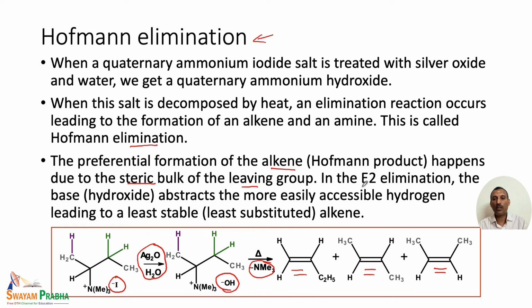In this E2 elimination, the base, the hydroxide, abstracts a more easily accessible hydrogen atom, leading to the least substituted alkene. This is opposite to the Zaitsev rule, where the more branched alkene is formed. In the Hofmann elimination reaction, the least substituted alkene is formed as the major product.